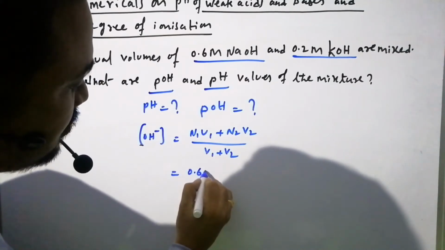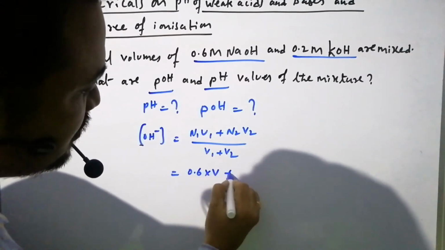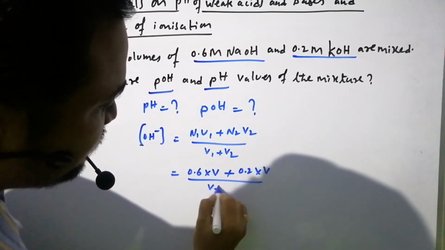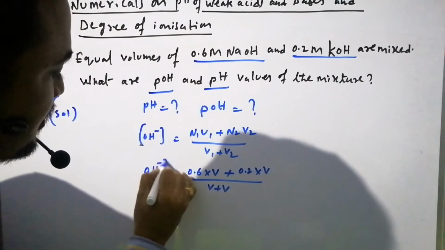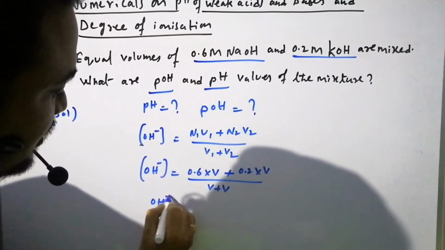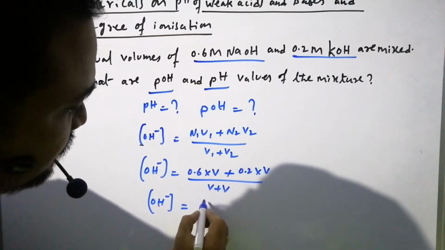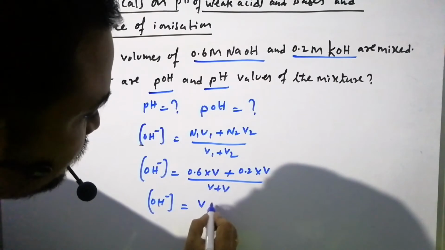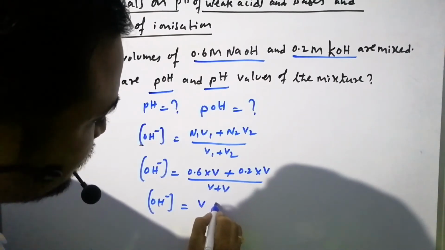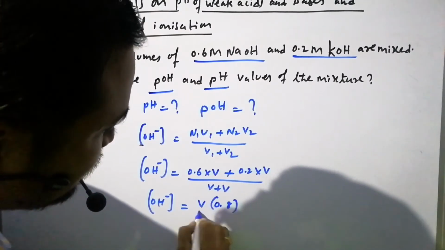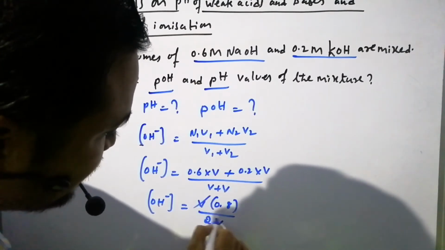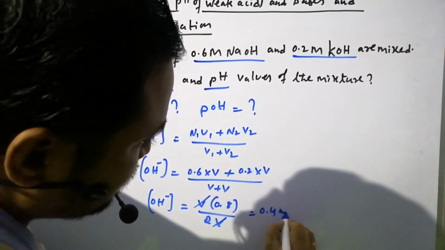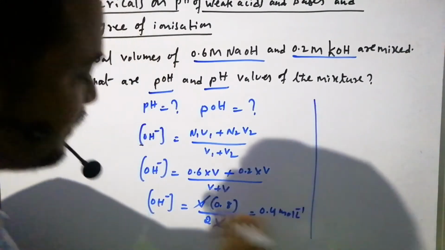That's why 0.6 into volume V plus 0.2 into volume V, by V plus V, 2V. That is OH minus concentration. It implies OH minus concentration is equal to 0.6 V plus 0.2 V, that is 0.8 V, by 2V. Here V cancels, totally 0.4 mole per liter. This is the concentration.